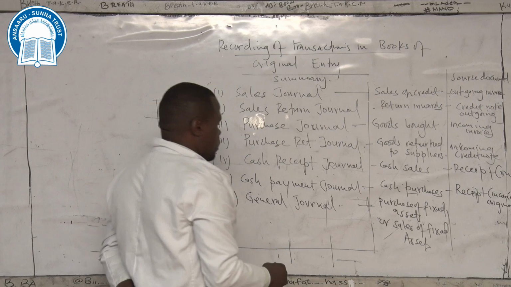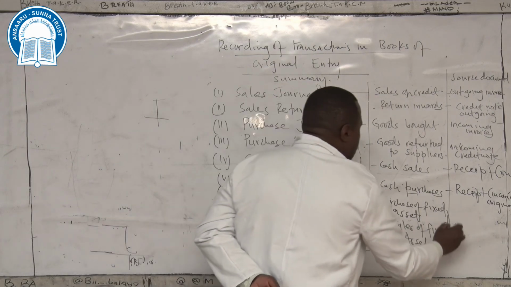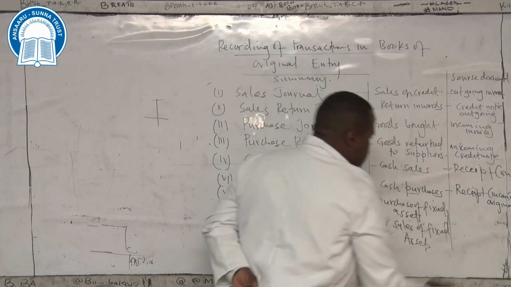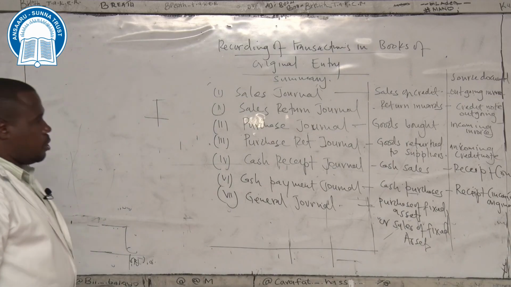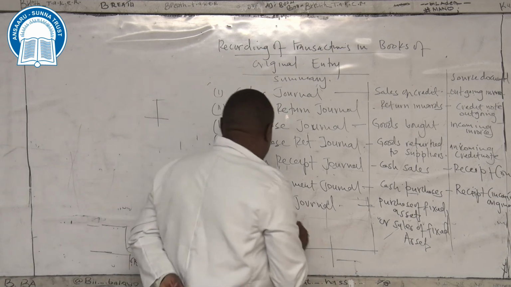The source documents for the general journal are the information about what you get there.